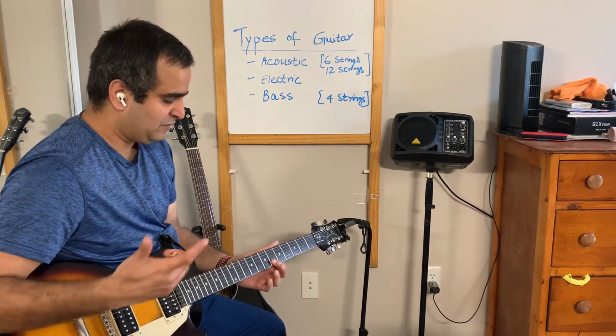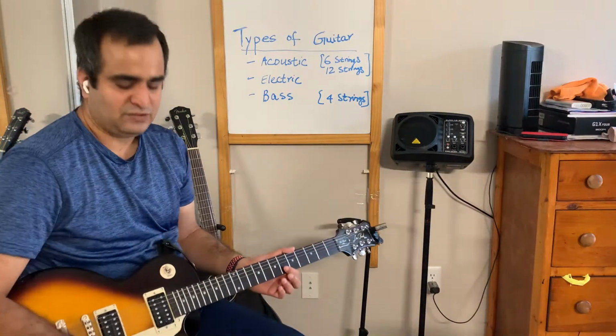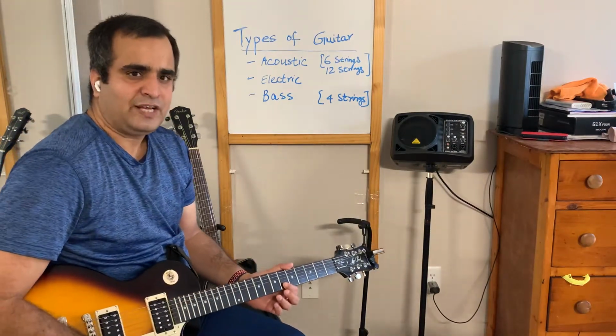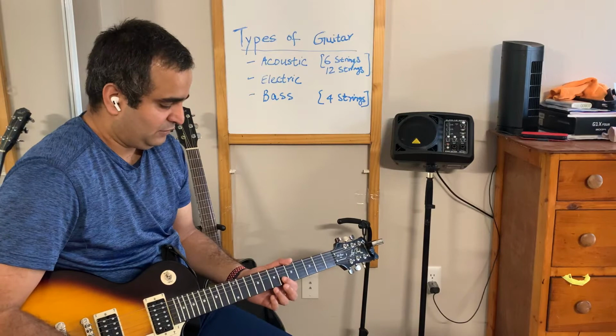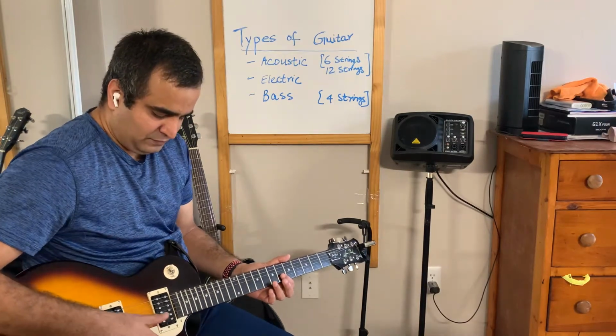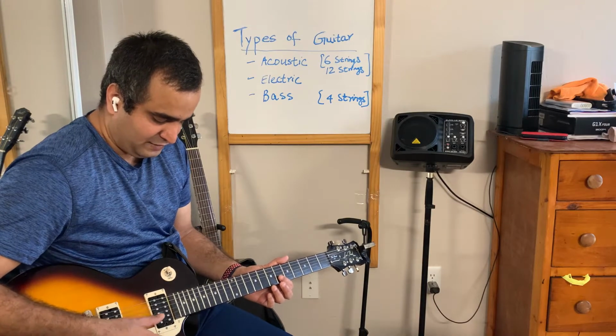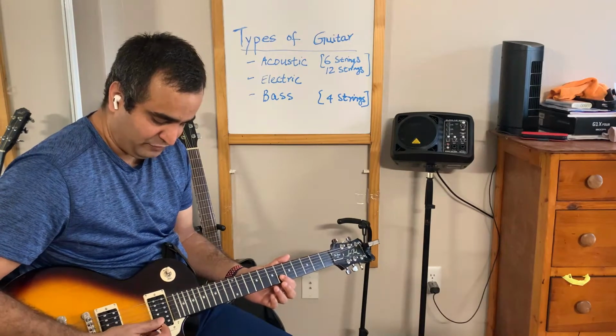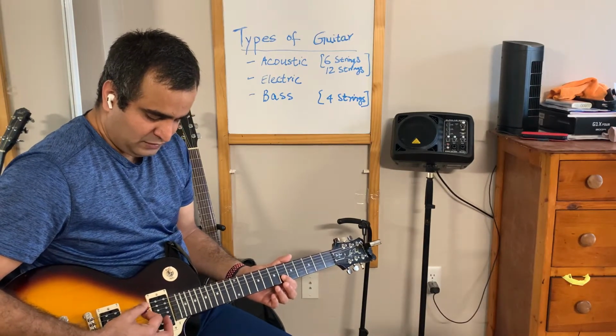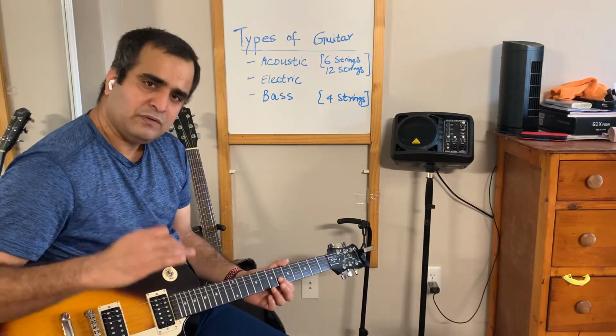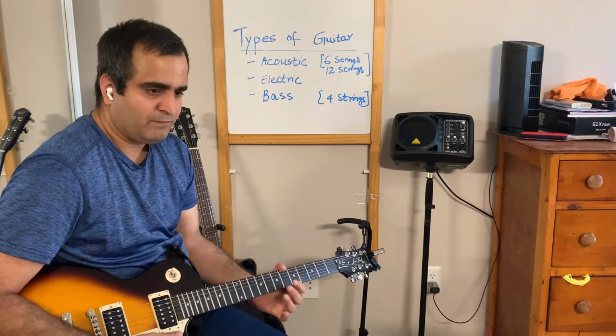If you don't know, please go to my previous lessons, lesson 1, 2, and 3, where I'm talking about the types of the strings on the guitar and other things related to it. So a bass guitar basically will have the 3rd, 4th, 5th, and 6th string, right? And these are bass notes. If you hear them, they sound a little bit heavy. They're very low and sounding very loud.